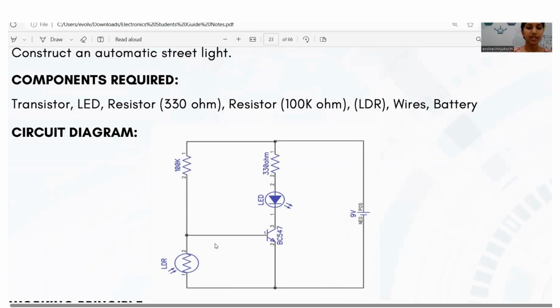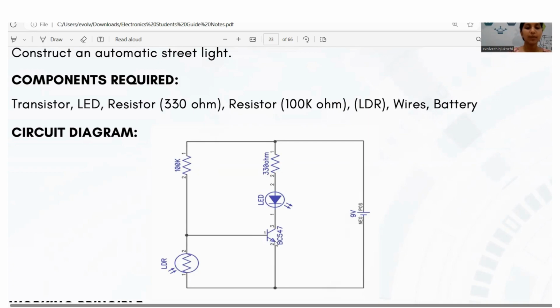So let me introduce our LDR's connection. The LDR is connected between the base and the emitter. The emitter can be identified by this arrow. This arrow is pointing outwards, and it is an NPN transistor.